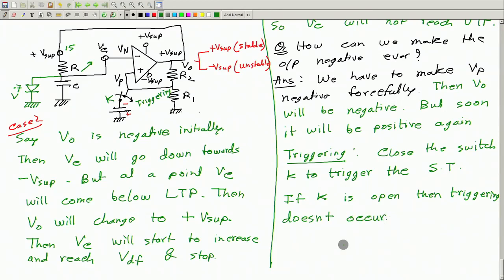Okay. There is another possible modification of this triggering arrangement.